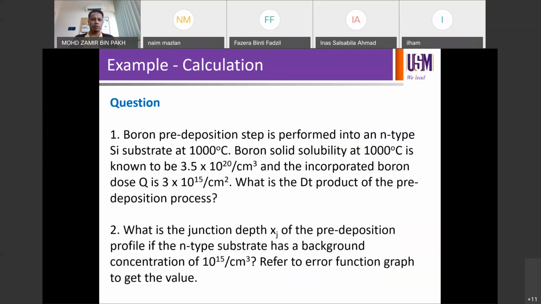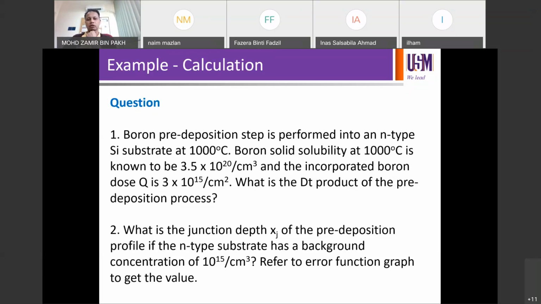Question number 1. Boron pre-dep. Okay, the keyword here is pre-dep. So you know already pre-dep is associated with which profile? Either error function or Gaussian. So a boron pre-dep step is performed into an N-type substrate at 1000 degrees C. So it's an N-type wafer. Boron solid solubility at 1000 degrees C. So we discussed that the solid solubility of the dopant is dependent on the temperature.